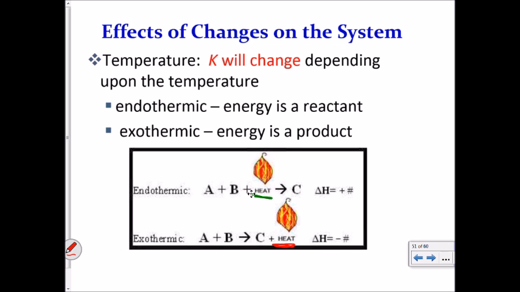Now, adding in heat, it depends on which type of reaction you're going to be working with here. Do you know that delta H is positive? So if they tell you a reaction and put delta H positive next to it, you should be able to label it as endothermic. And if they have delta H next to it where it tells you it's a negative value, you should be able to label that as exothermic, so you know where to put the heat in terms of being a reactant or product.